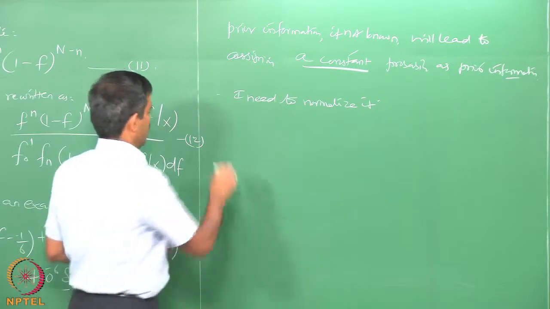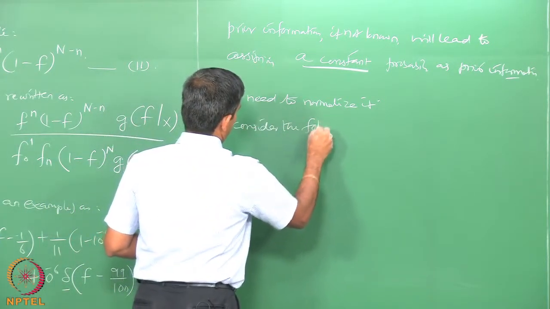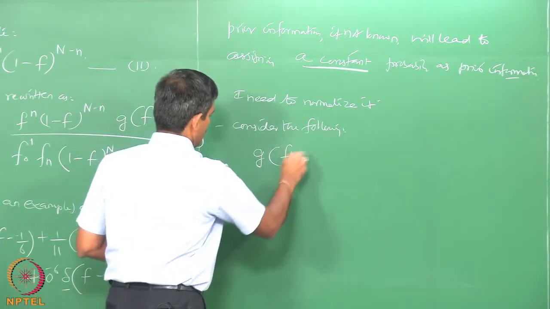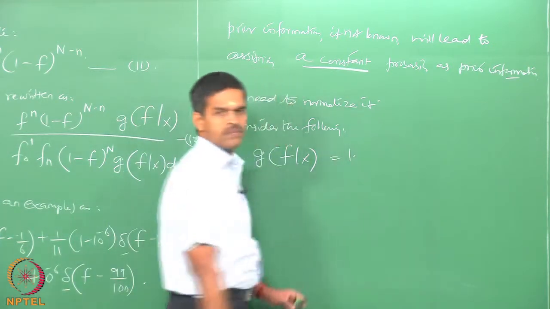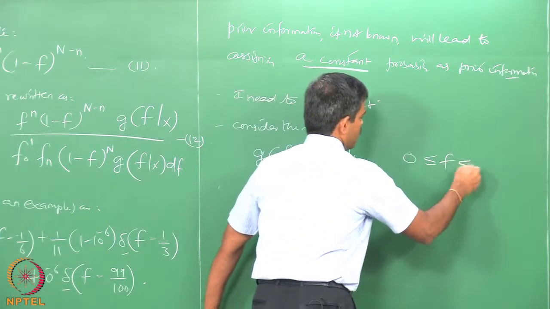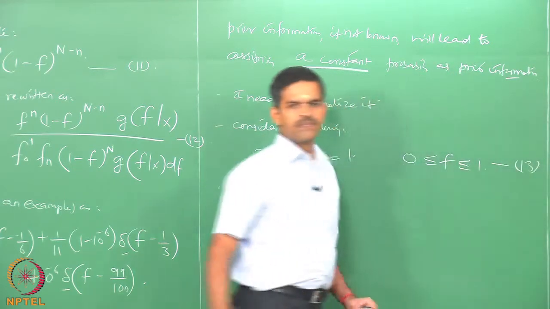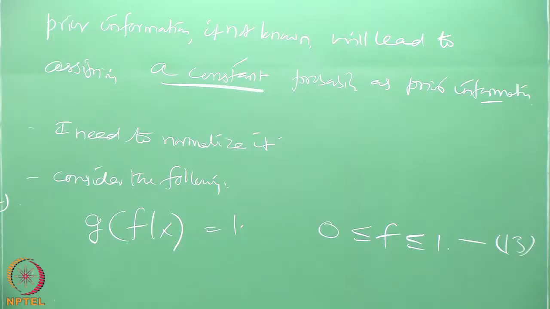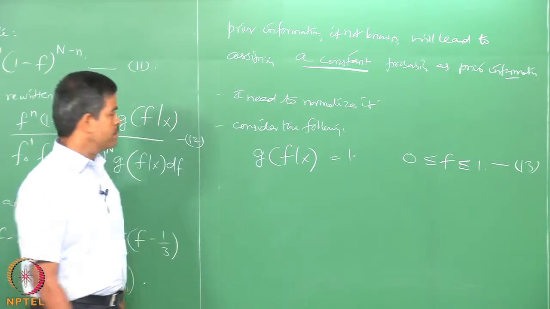So, let us consider the following. Say G of f given x, let us say is 1, for 0 less than f less than 1, equation number 30. Now, knowing the prior information about the failure which was assumed to be constant, the following statement is valid.